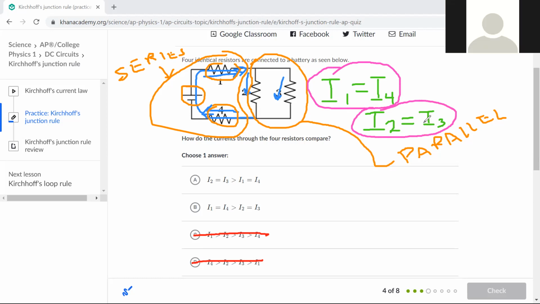I1 and 4, yes. And why? Because by logic, again, the power supply is here in this loop on the left, and the power supply is providing energy. So that is going to be the current that's being provided that has to be divided. So we can assume correctly that this one is larger.